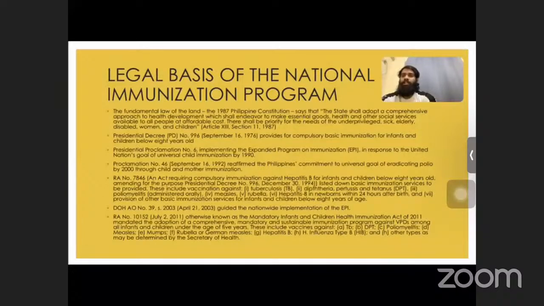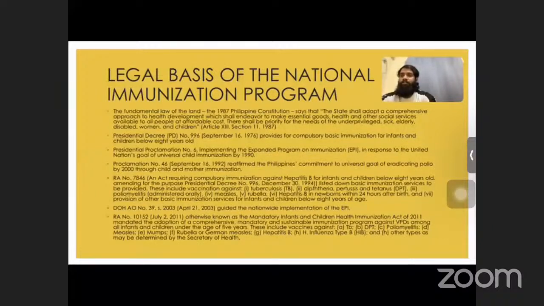These include vaccination against tuberculosis, diphtheria, pertussis and tetanus, poliomyelitis, measles, rubella, hepatitis B in newborns within 24 hours after birth, and provision of other basic immunization services for infants and children below 8 years of age. The Department of Health, AO Number 39, 2003, April 21, guided the nationwide implementation of the expanded program on immunization.